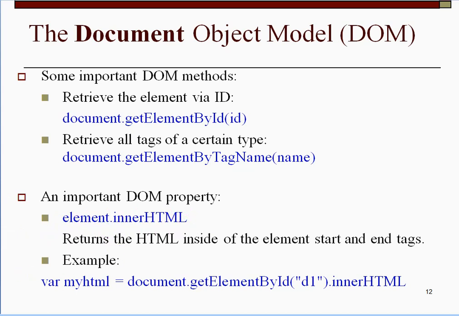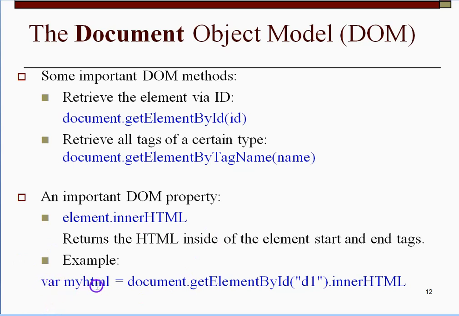Now these are intended for elements that have an opening and corresponding closing tag. So any HTML code that exists between the opening and the closing tag is referred to as the element's innerHTML.